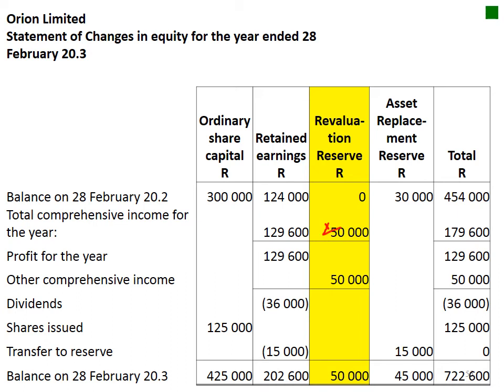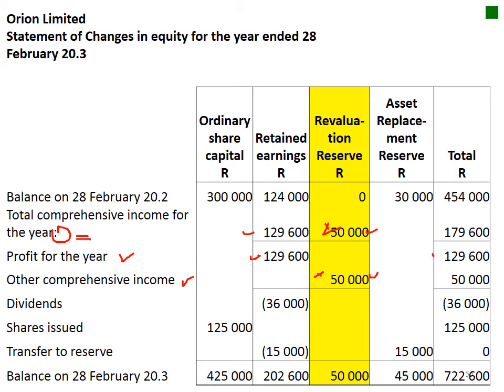It was also part of comprehensive income. So you'll see here there are two double dots, which means the two amounts underneath it get added together to give you this amount. So the 129,600 is carried up over there, and the 50,000 is carried up over there.